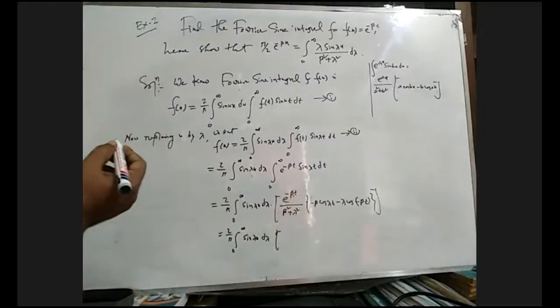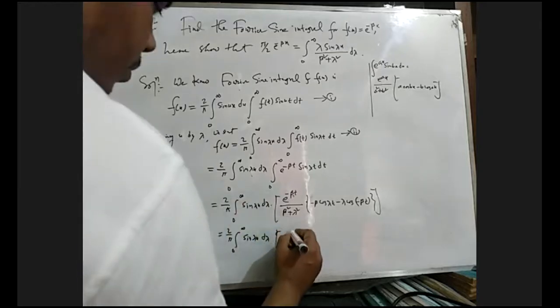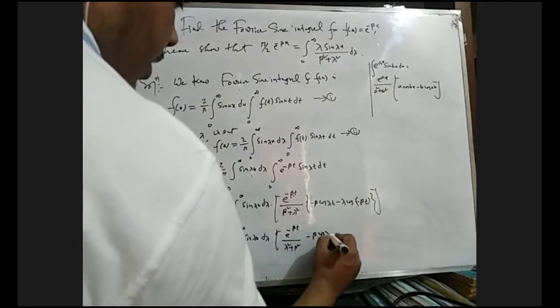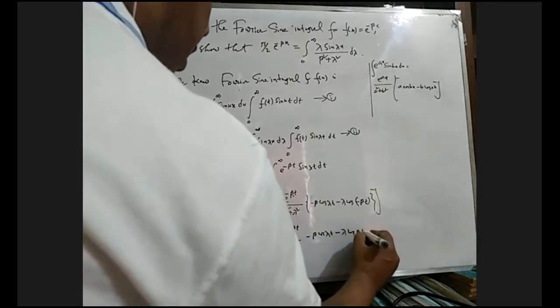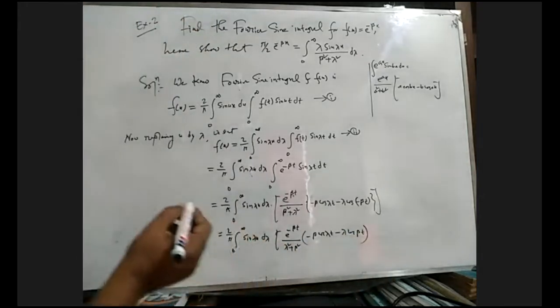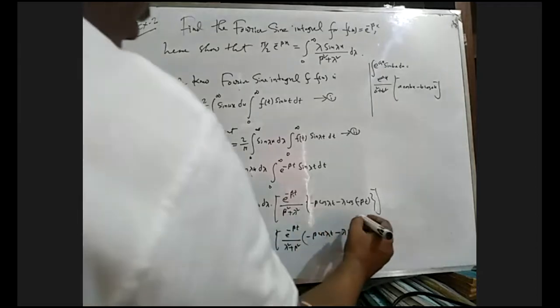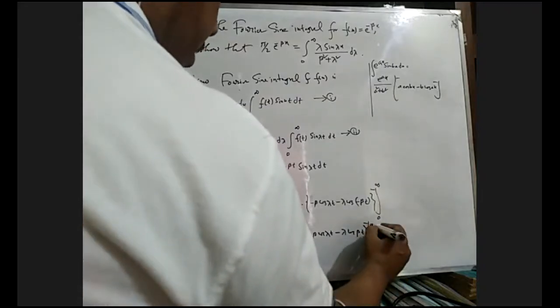Now from here, e to the power minus beta t by lambda square plus beta square, times minus beta sine lambda t minus lambda cos lambda t, and the limit will be 0 to infinity.